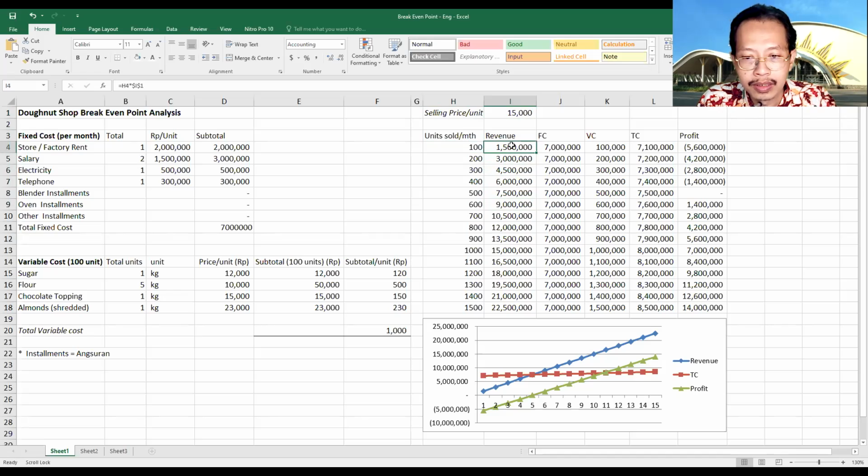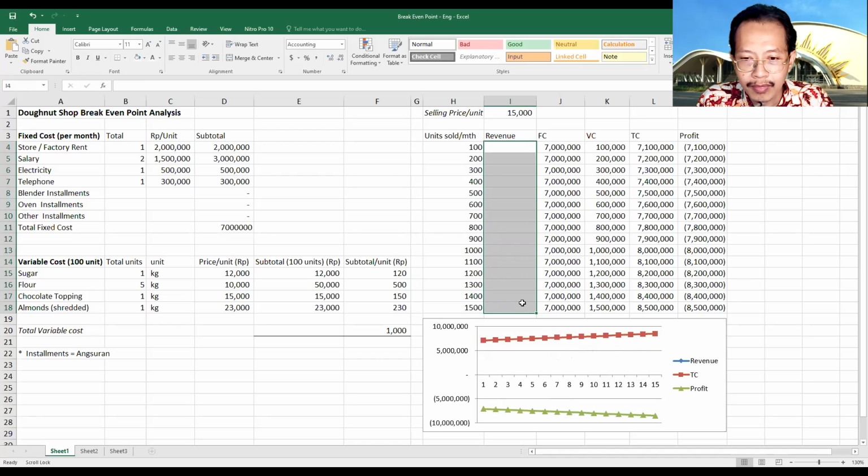So let's say I take this out first. Okay, and then I'll start new. I want to multiply this 100 units times 15,000. So what is 100? 100 is at H4.